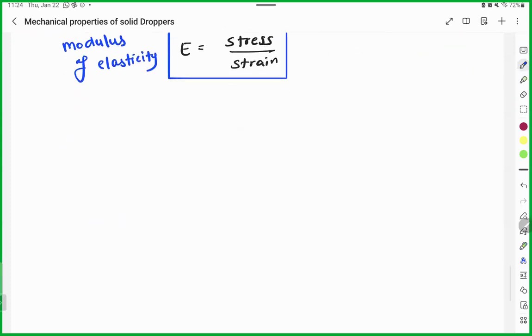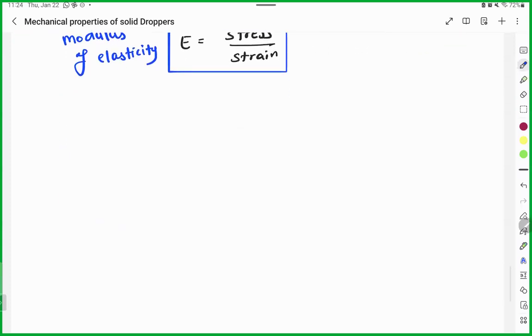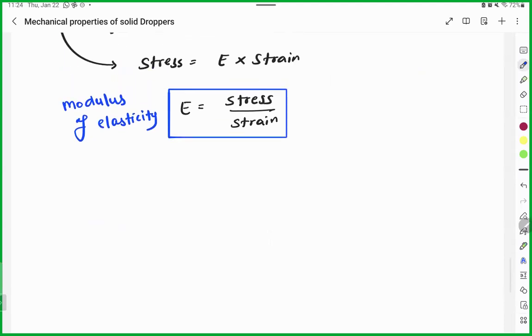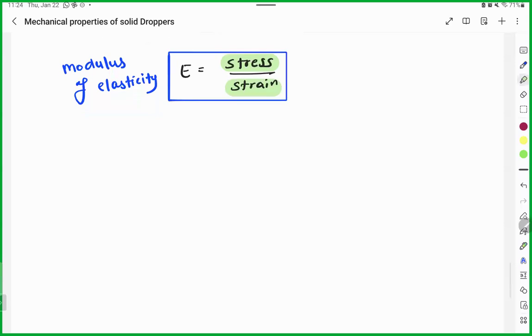This modulus of elasticity can be of different types, depending upon which type of stress and strain you have. Bulk modulus of elasticity, correct? Young modulus of elasticity. All these formulas will remain the same, stress upon strain. Doesn't matter what stress or strain you are considering, overall things will remain the same. This is Hooke's law and modulus of elasticity.